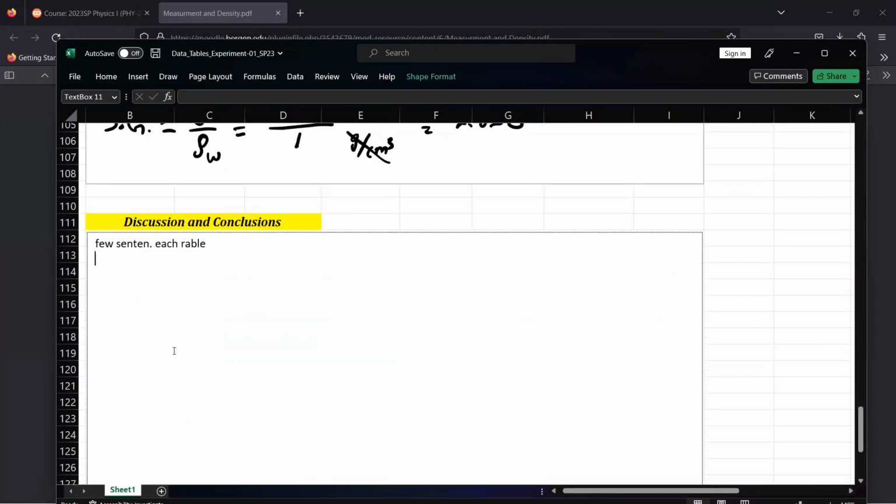And then you have to write one last paragraph, a conclusion. This conclusion paragraph reiterates the objectives of the experiment, and whether we accomplished the experiment properly or not.